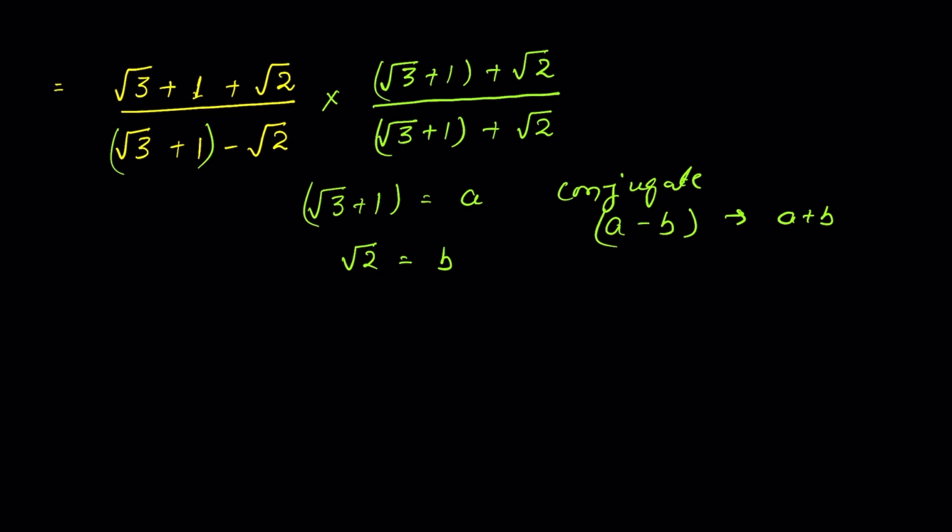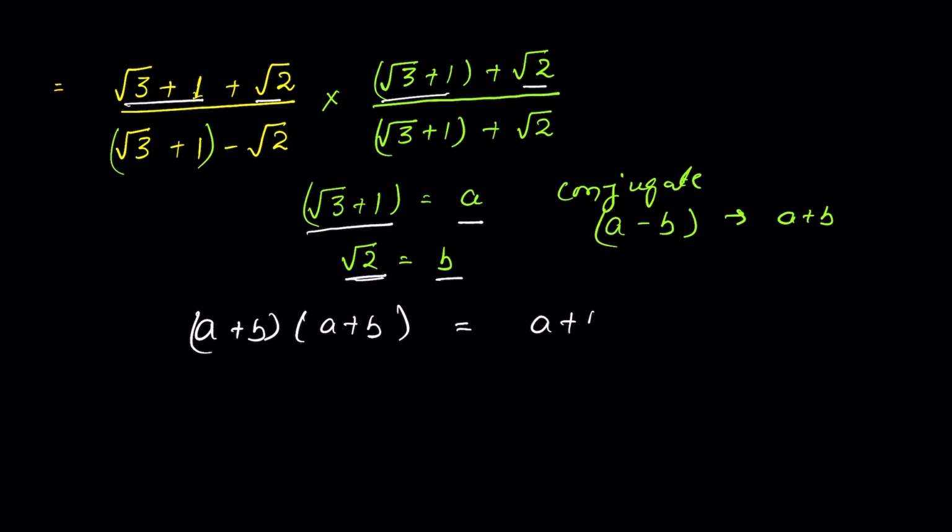Now if square root of 3 plus 1 is a and square root of 2 is b, then this is in the form of a plus b times a plus b. A plus b times a plus b equals a plus b whole square, and this we can expand as a square plus 2ab plus b square.